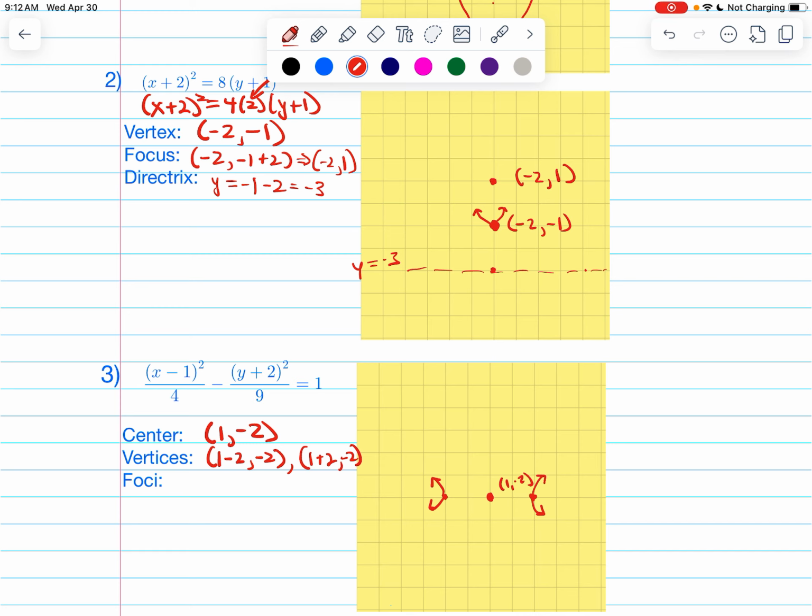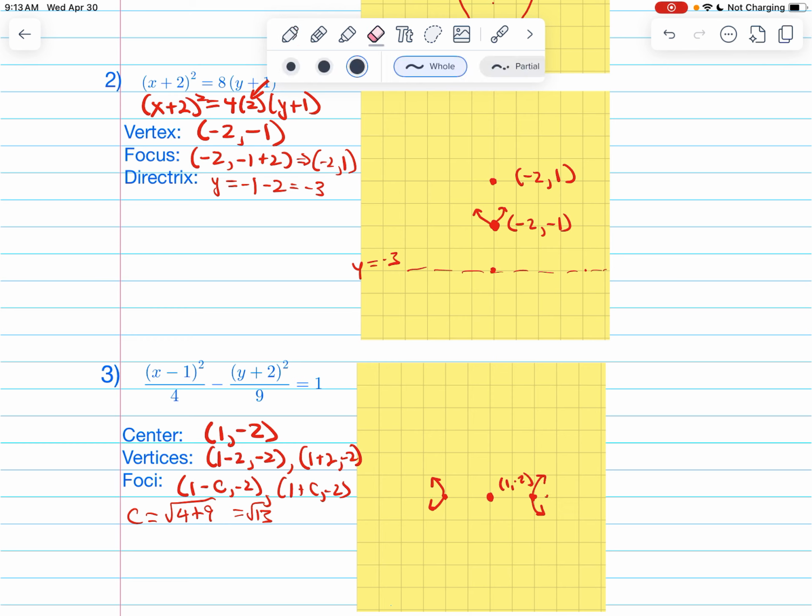And then we get the foci. The foci is going to be 1 minus c and 1 plus c, where c is equal to the square root of 4 plus 9, which is the square root of 13. So the foci is somewhere out here.